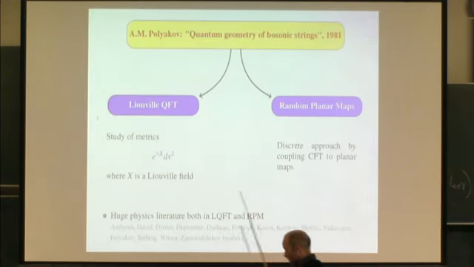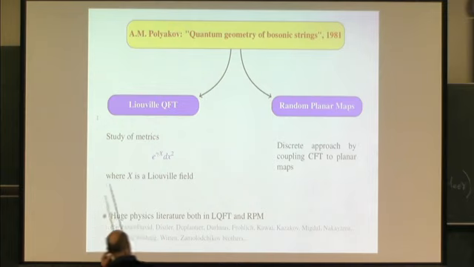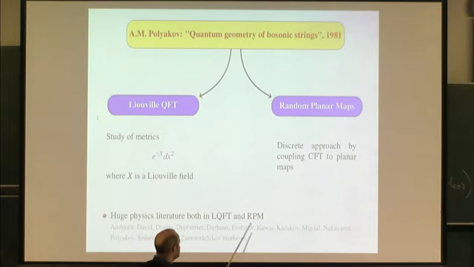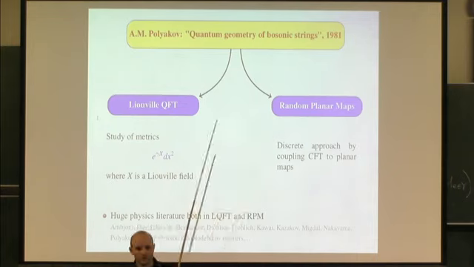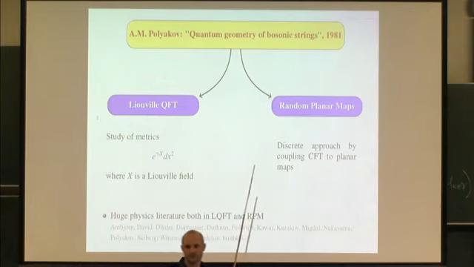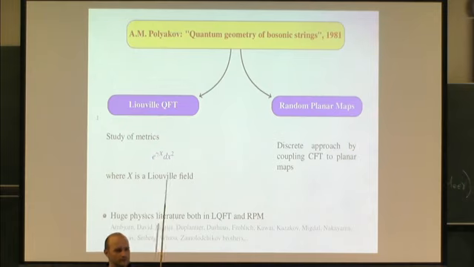So how does this thing appear? The interest for Liouville quantum gravity is born in 1981 with a paper by Polyakov, which roughly says that if you put a string on a manifold, it will interact with the geometry of your manifold in such a way that the geometry will become random.